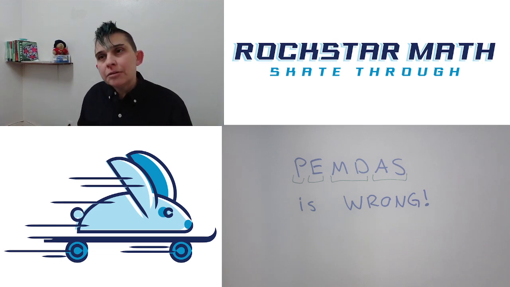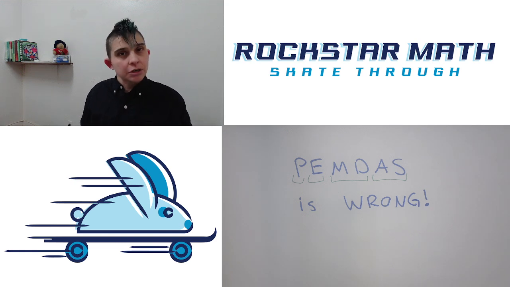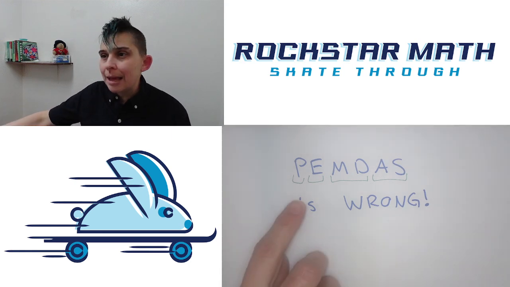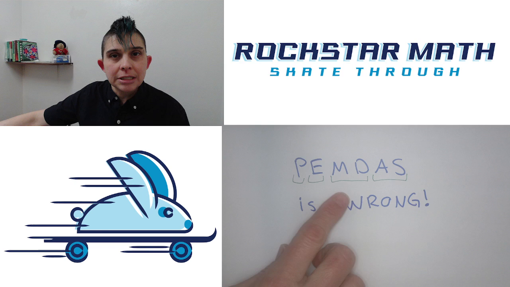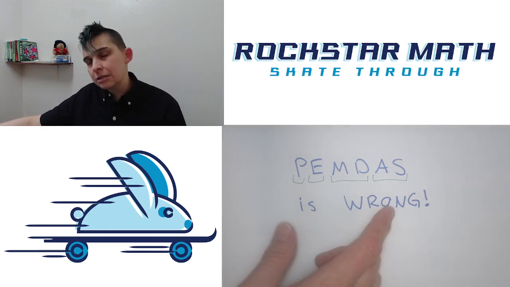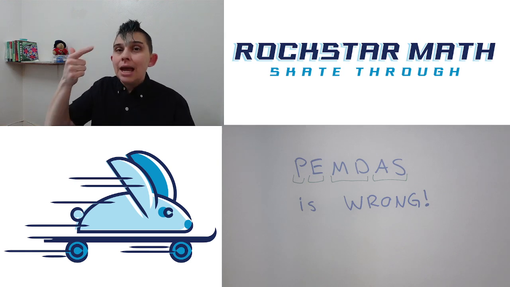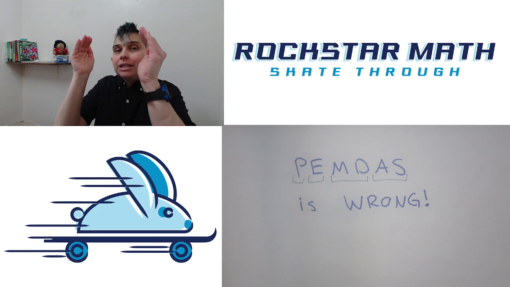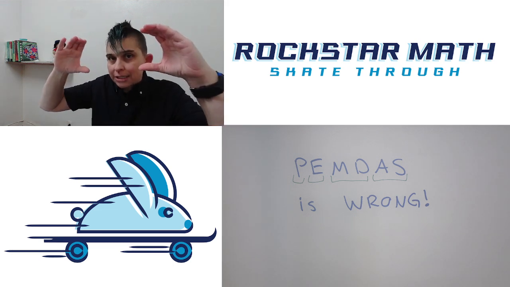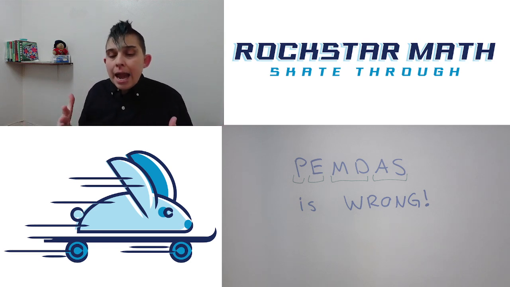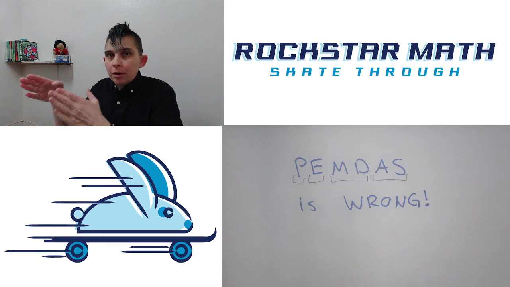So is PEMDAS wrong? No, I would say it's misunderstood. I think people think of PEMDAS as 6 steps: parentheses, exponents, multiplication, division, addition, subtraction. That is incorrect. There are 4 steps. Parentheses, exponents, multiplication and division is the 3rd step. You work left to right, just like we read left to right, and you do them in the order you come across them.